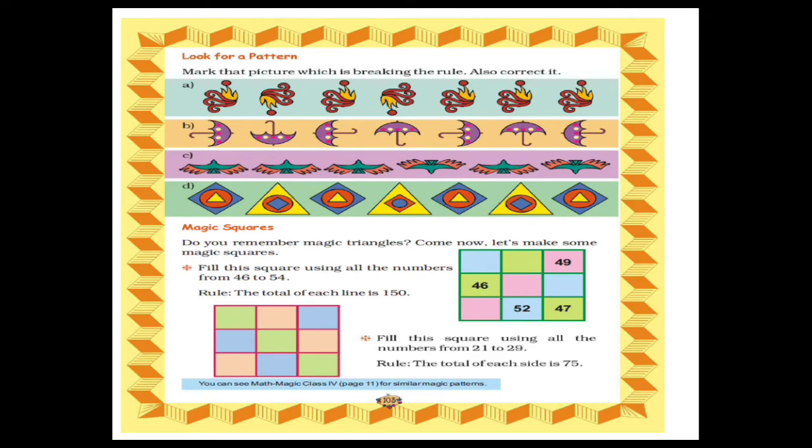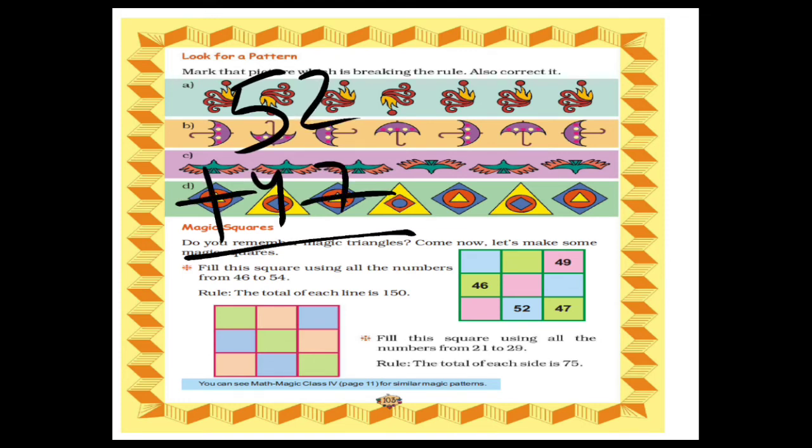Now we have to identify the other two numbers so the total will be 150. So how will I do it? If we talk about the first row, let's solve this one first. Here two numbers have been given. So how will I find the number that will come in this box? What is given? 52 and 47. So let's add it. 52 plus 47 will be equal to how much? 7 plus 2 will be 9, and 5 plus 4 will also be 9.